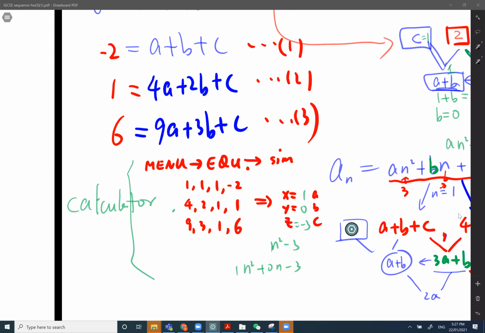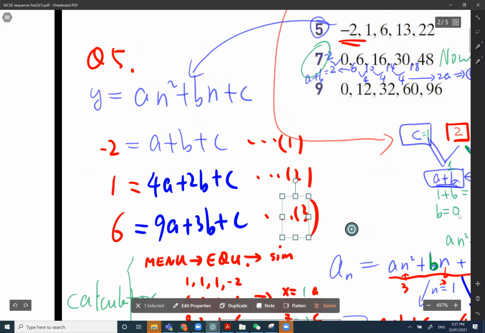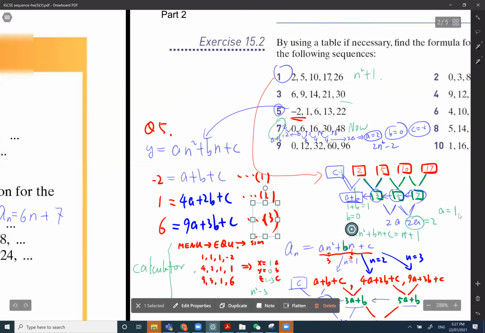Of course, Heidi, Selena, Rebecca, Ashley, with your calculators, you just input these numbers into the calculator. The calculator gives you x squared minus 3, just the formula. X is n. We don't do that now. That is just one step. We need to learn some method.